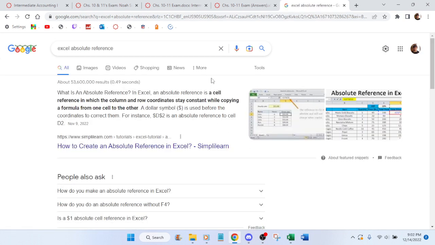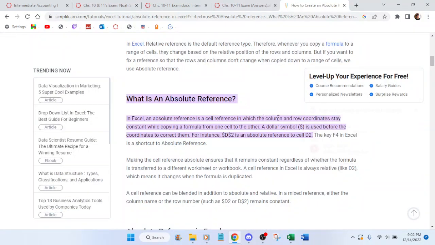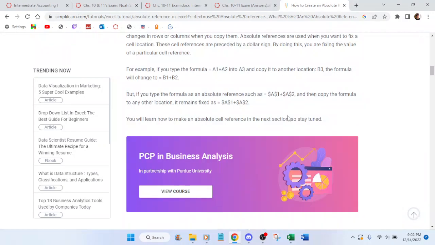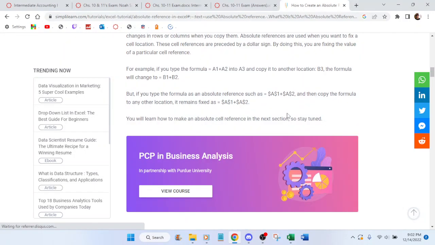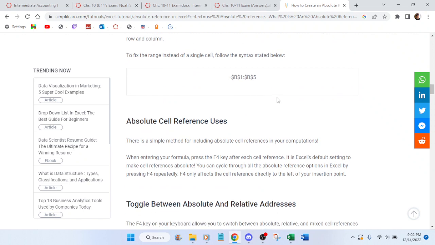How do you do it? Do you just type in a dollar sign? Yeah, but there's got to be an easier way than to type the dollar signs. Press the F4 key after each reference.